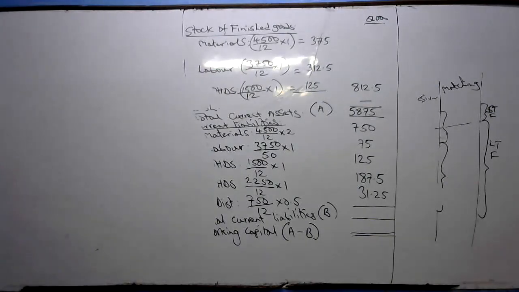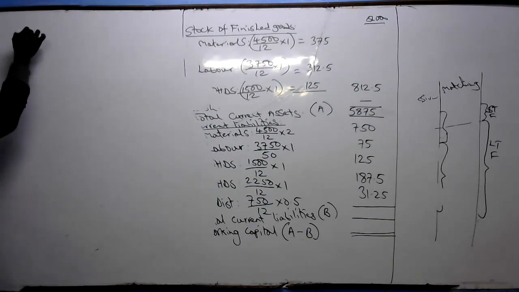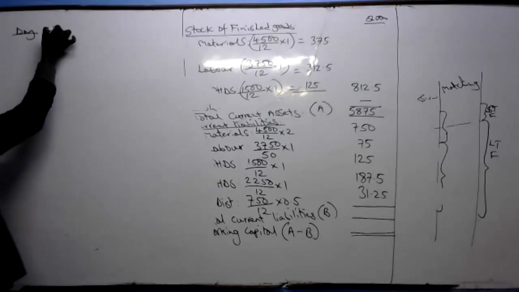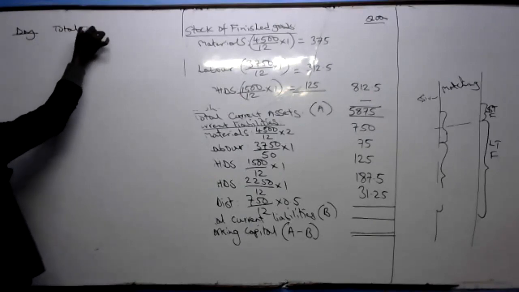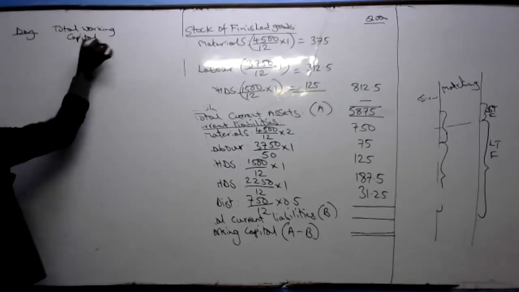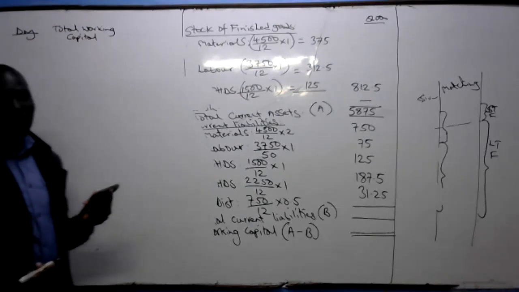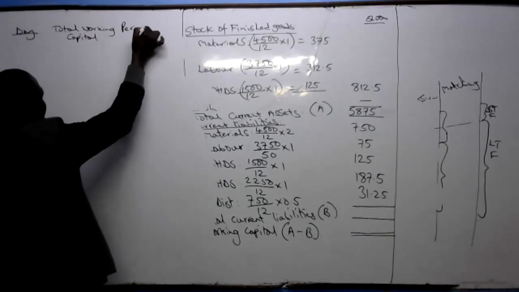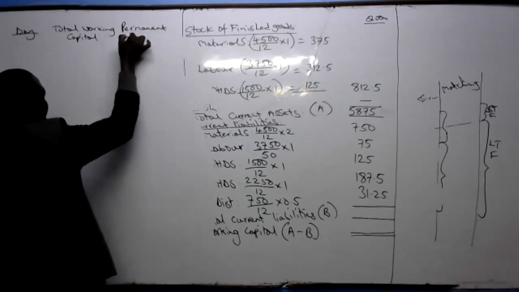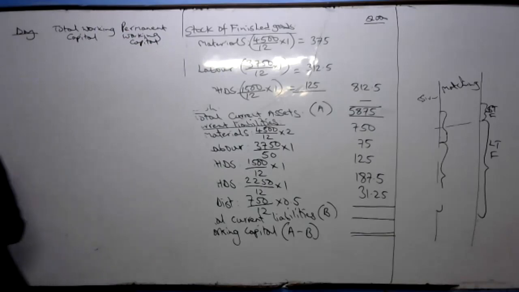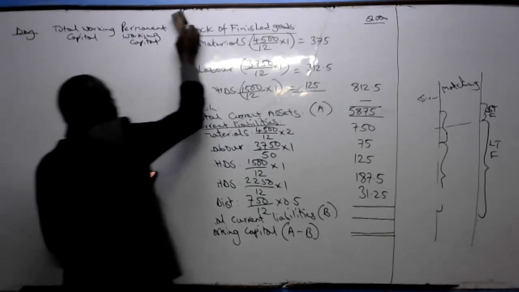So simply, if we copy na paste, we have the day, we have total working capital, which is grouped into permanent working capital, and the balance becomes what? Seasonal.